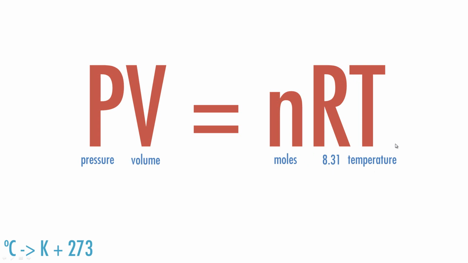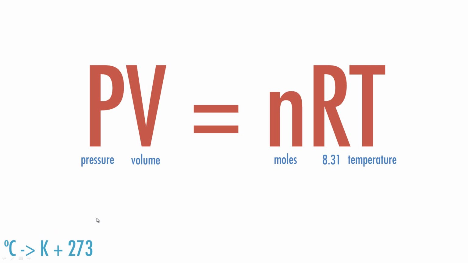Now, temperature in the AQA syllabus is usually given in Kelvin. To convert temperature into Kelvin, let's say it's 25 degrees, so room temperature, you do 25 plus 273, which equals 298.